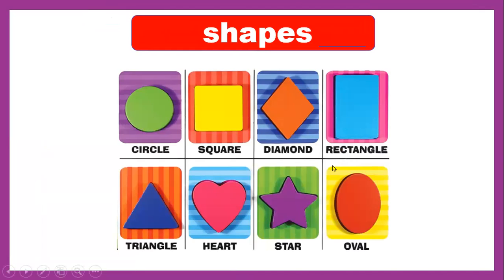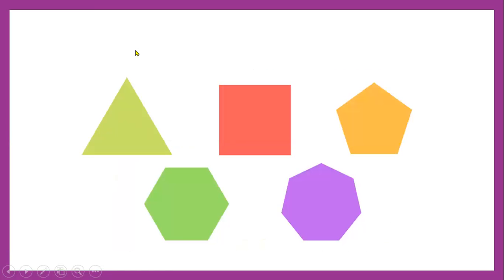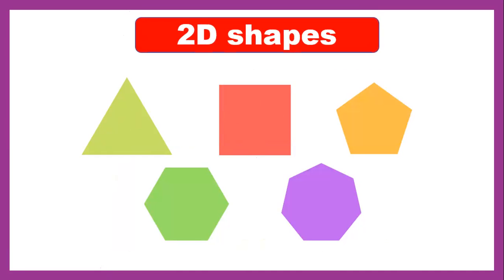Here are the examples for 2D shapes: circle, square, diamond, rectangle, triangle, heart, star, and oval. These shapes are 2D because you can see only the height and the width. That's why we call them 2D shapes.